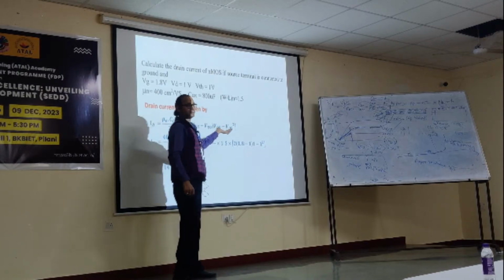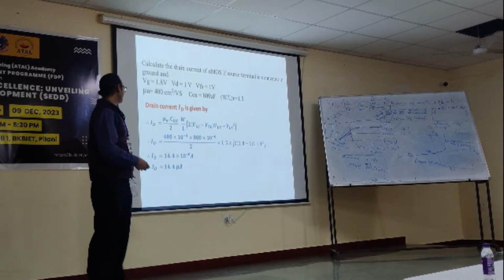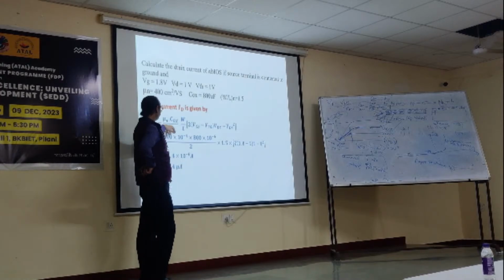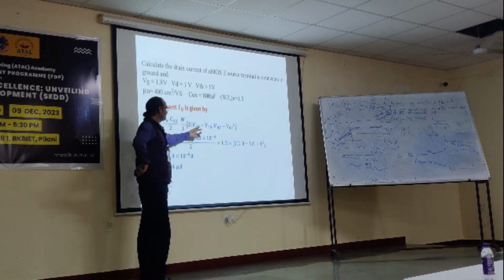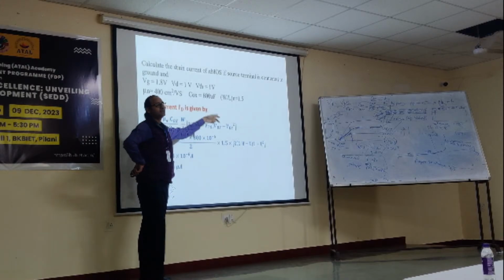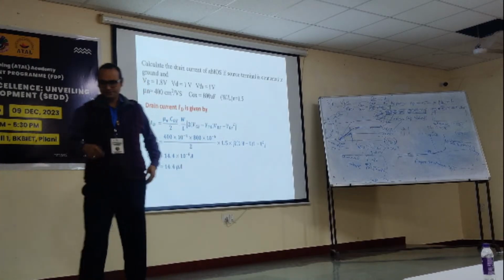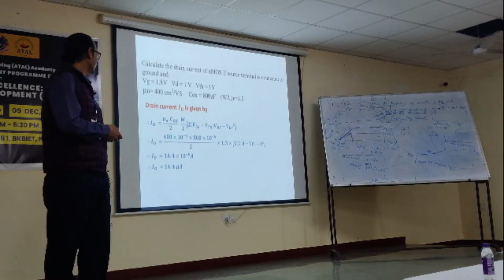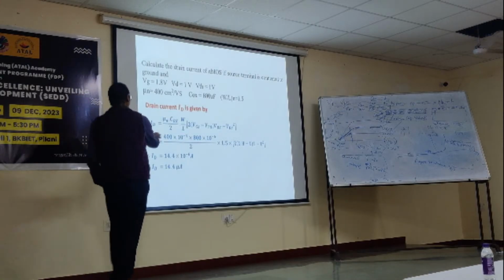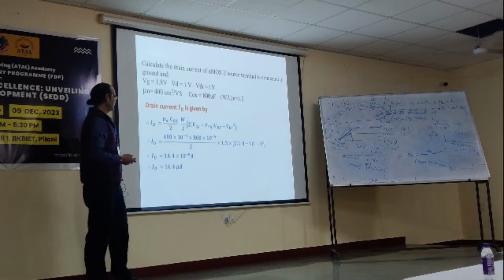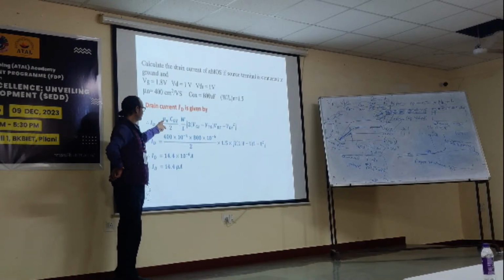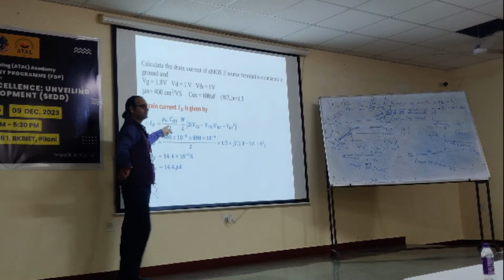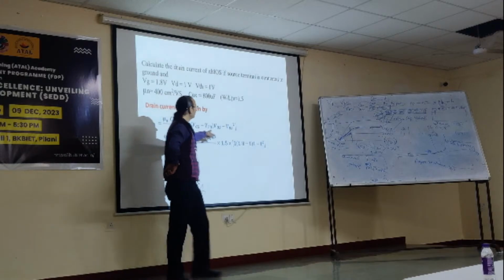Just modify the formula. Everything will be the same, mu and COX, W by L. We may put a half there. It will become VGS minus VT whole square. You can check it. This 2 is outside, no problem. If you remember, I had put this 2 here, there was no 2 here, there was a half here.